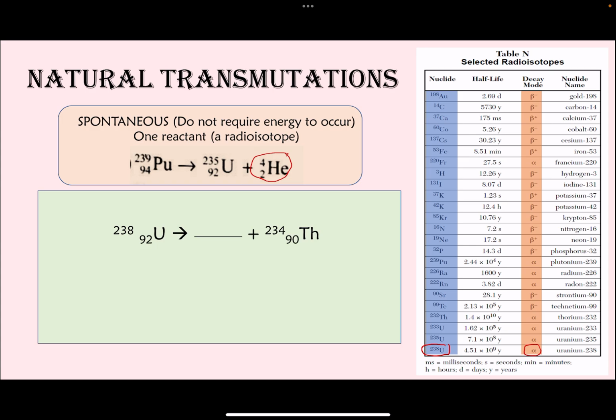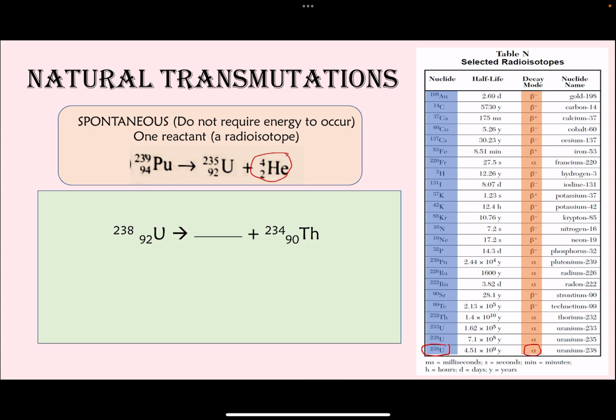Remember that the mass and charge on both sides should be equal. That's the biggest thing that you want to remember here. Mass and charge on both sides must be equal. On the reactant side, the mass is 238 and the charge is 92, and we want the same mass and charge on the other side. But right now we only have 234 and 90.